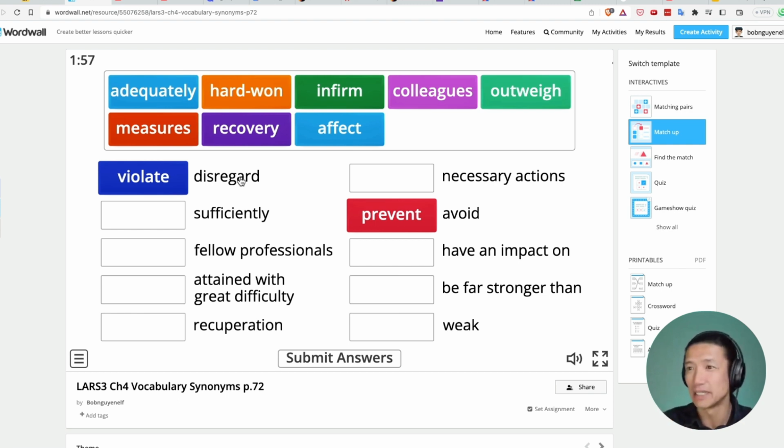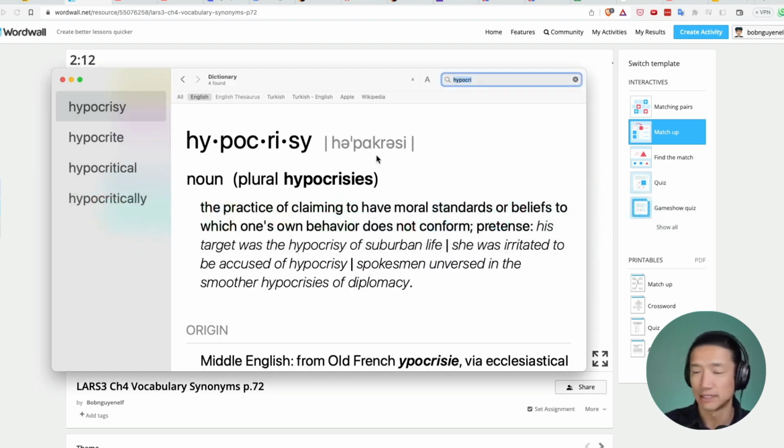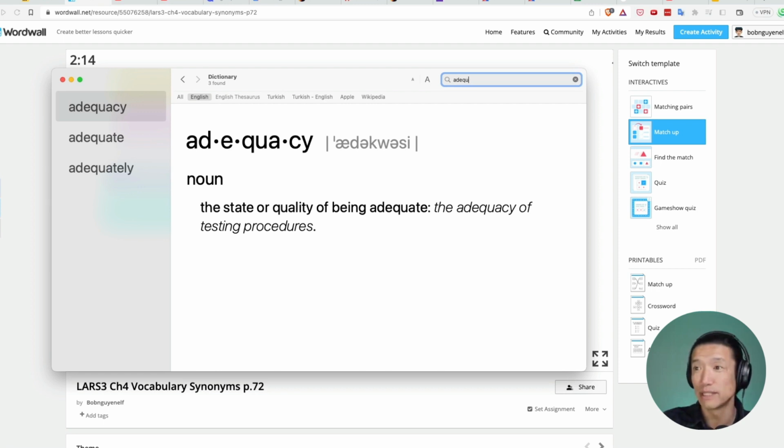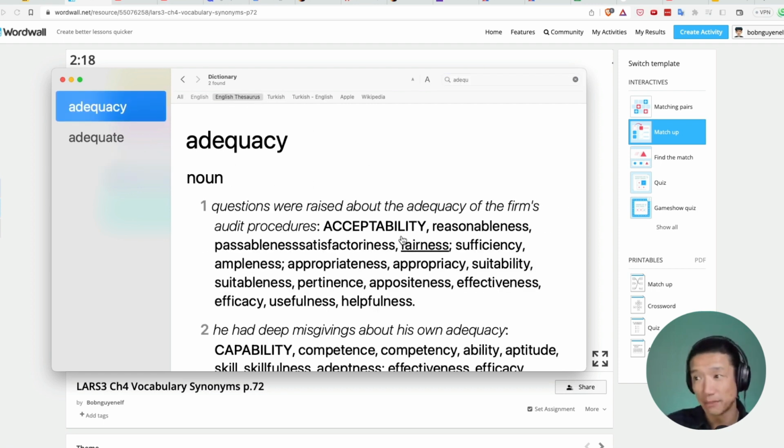Be clever. Sufficiently. This is an adverb, so the easiest thing would be adequately. Something is adequate, is sufficient. There are so many words like this, guys. You can use so many words like adequate: acceptable, reasonableness, passableness, satisfactoriness, fairness, sufficiency, sufficient.